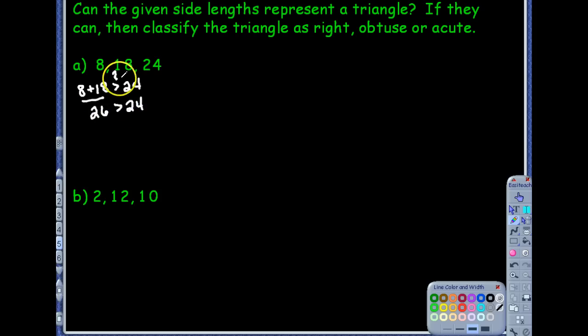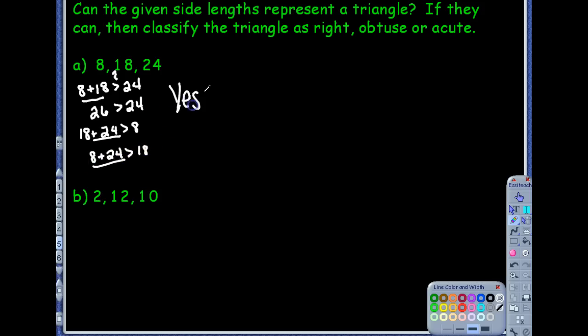But that's only one scenario. So we've got to check each scenario to see if it actually works. So like 18 plus 24 has to be greater than 8, which obviously it is. It is, okay. 8 and 24 has to be greater than 18, which is going to be true too. Yeah. So yes, it is going to make a triangle.